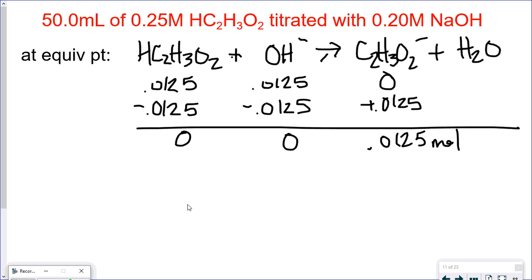Now, when we go through base hydrolysis, our conjugate base is reacting with water.